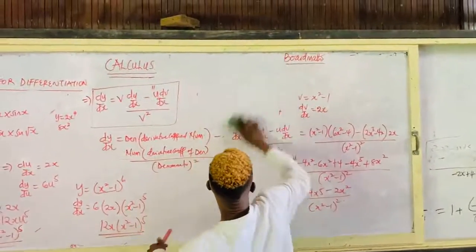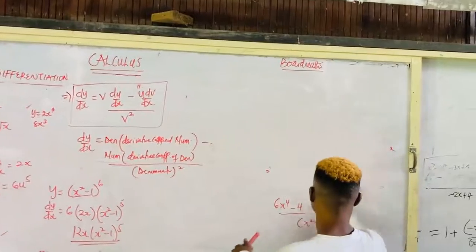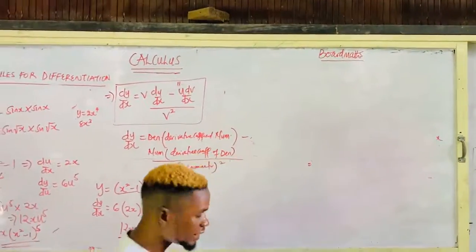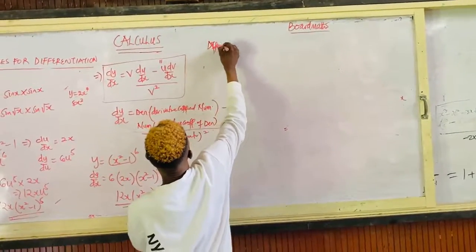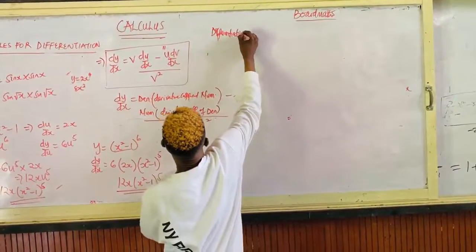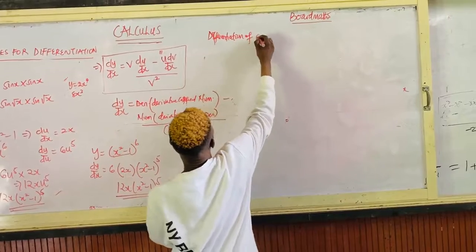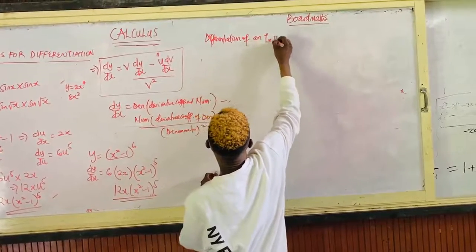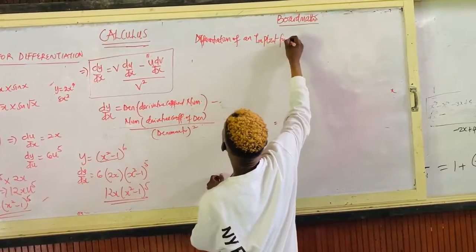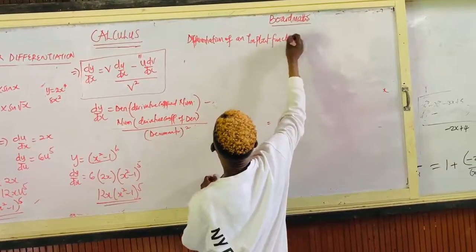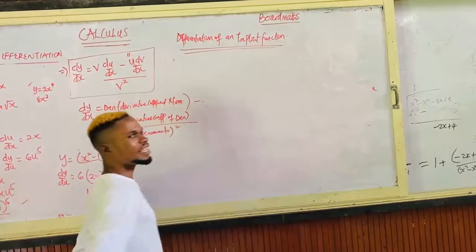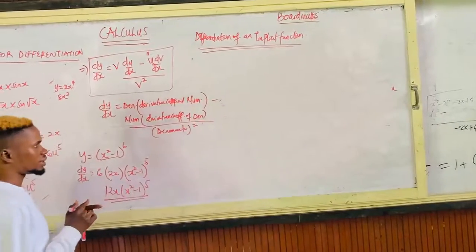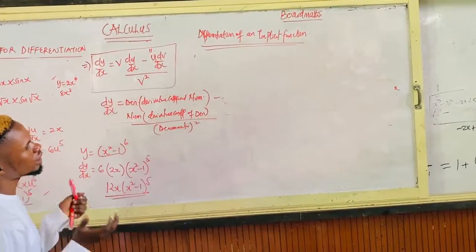Now the last one is how to differentiate an implicit function and successive differentiation. Differentiation of an implicit function. What is an implicit function? When y is not expressed directly in terms of x, that kind of function is called an implicit function.